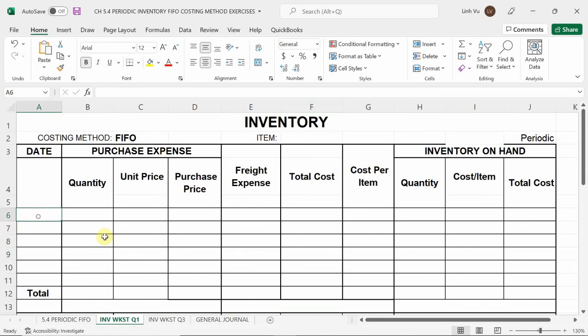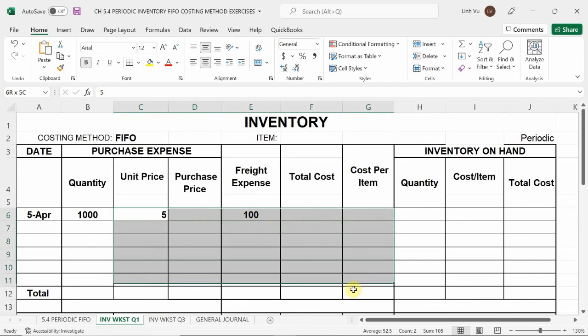So it is April 5th, quantity: I purchased 1,000 units at $5 each with a freight of 100. However you like to format your worksheets is up to you. In this case, I like to keep it accounting style, so I can see the dollar signs on there.